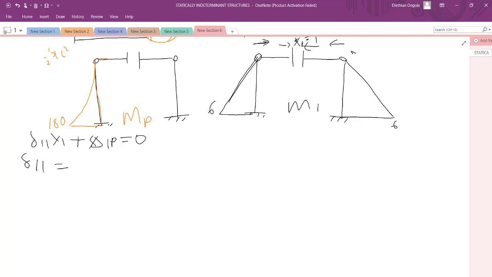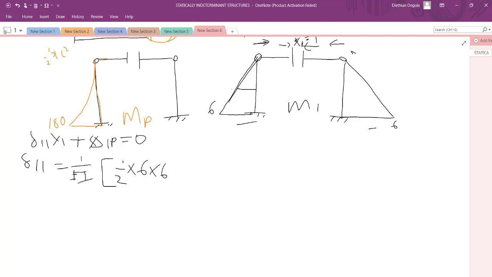M1 drawing. So it will be given by 1 over EI, then into, we notice that these two shapes are the same, so I just work with one and then multiply by 2. The area would be a half times the base, which is 6, times the height, which is 6.